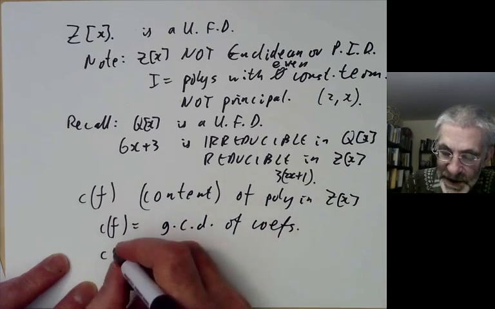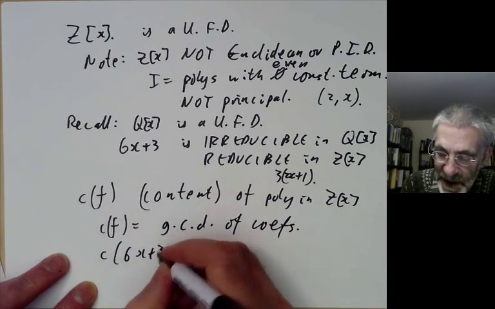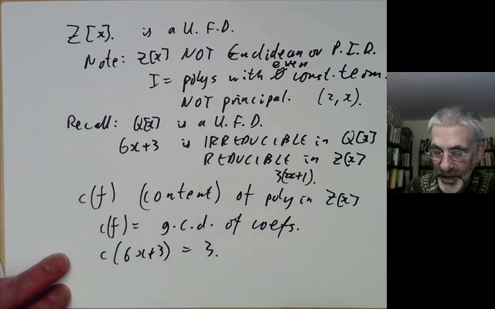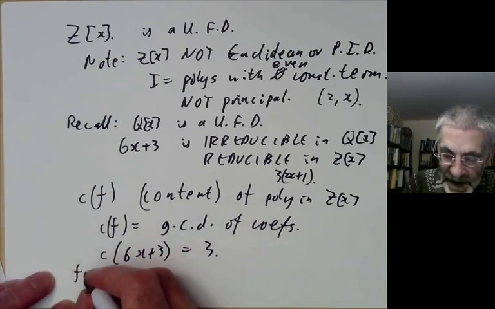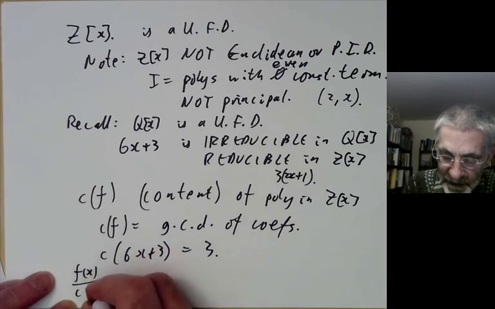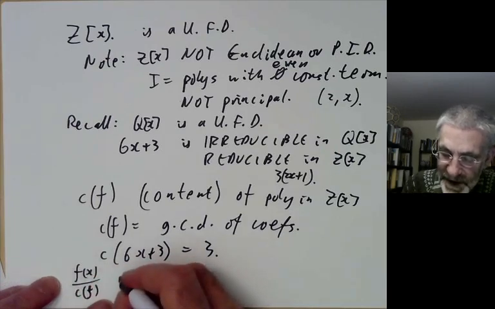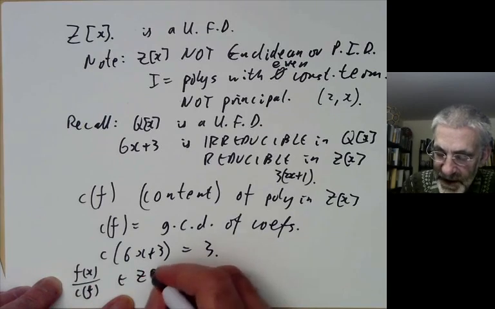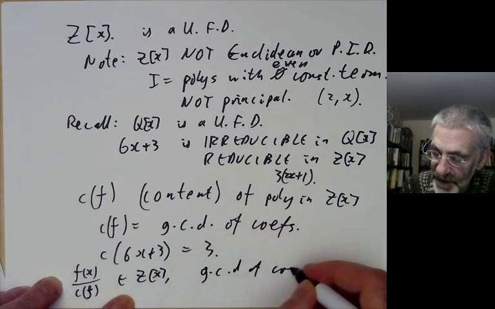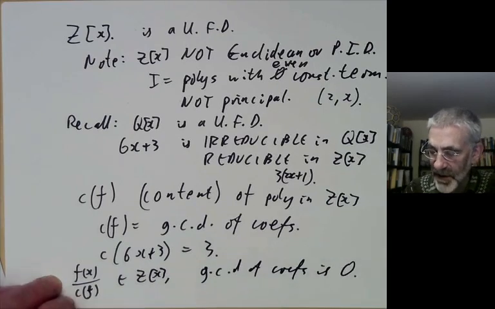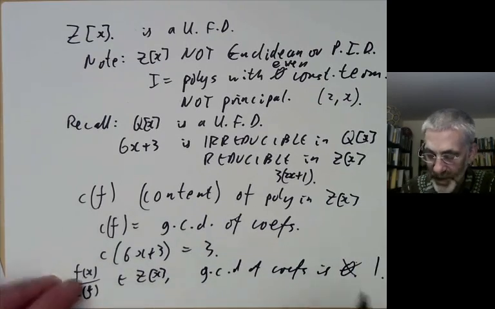So for instance, the content of 6x plus 3 is equal to 3. And an obvious property is that f(x) over c(f) is still in Z[x], and the greatest common divisor of its coefficients is 1.